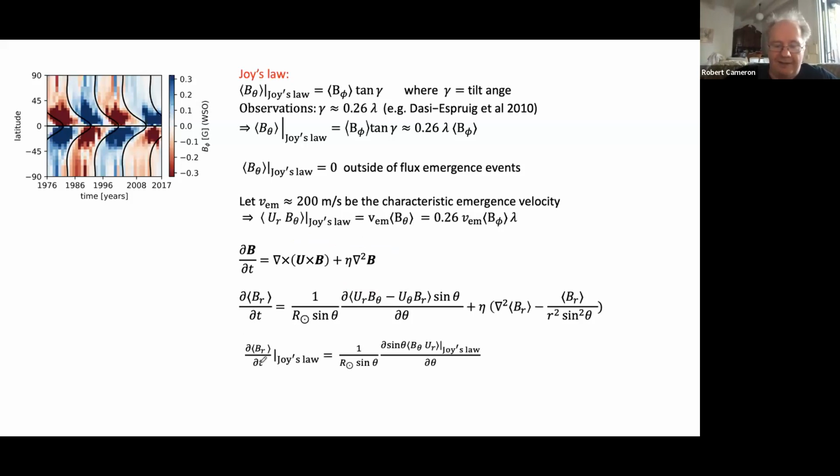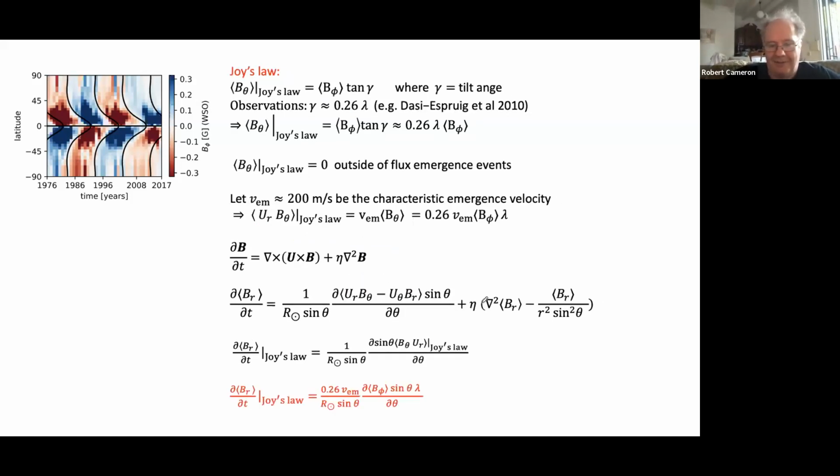If we put it in, then we get the change in B_r associated with Joy's law is equal to just this term. We can now substitute in that this is equal to this.